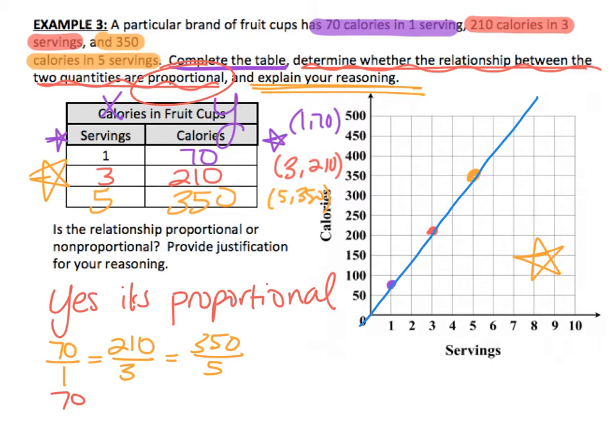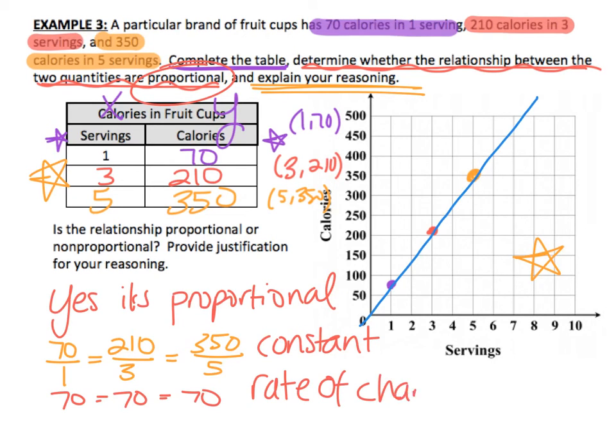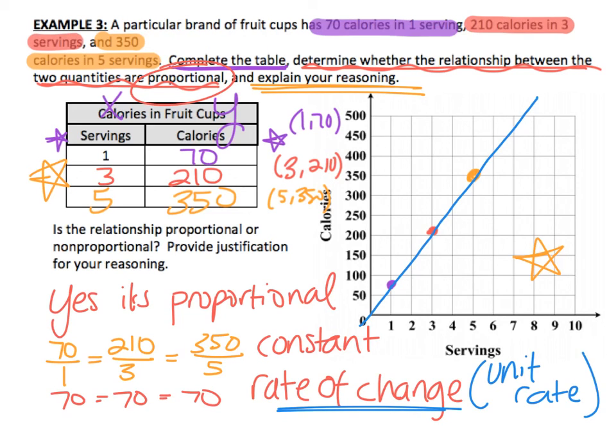Well, if you divide them all every time, you get 70. So it's proportional because it has a constant rate of change. And remember, rate of change is our new way to say unit rate. They're the same types of things.